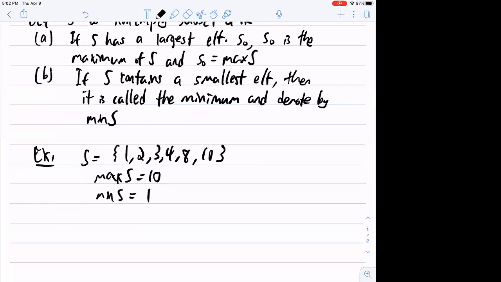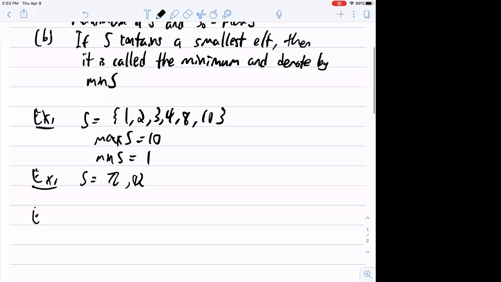And obviously not every set has one: something like the integers or rational numbers don't have a maximum, because integers just keep going on forever, to infinity and negative infinity.